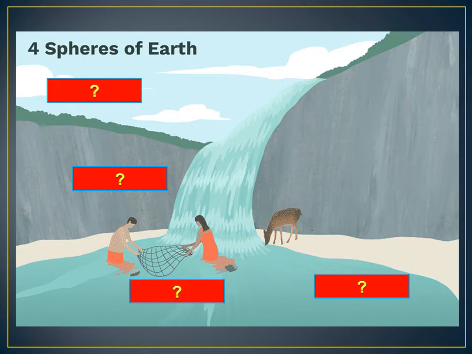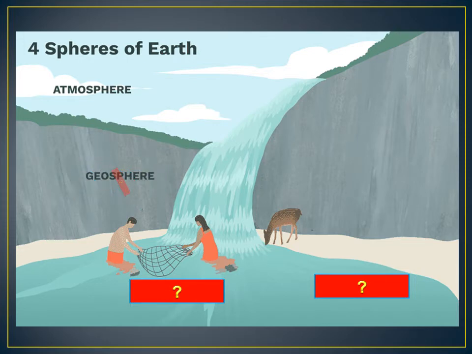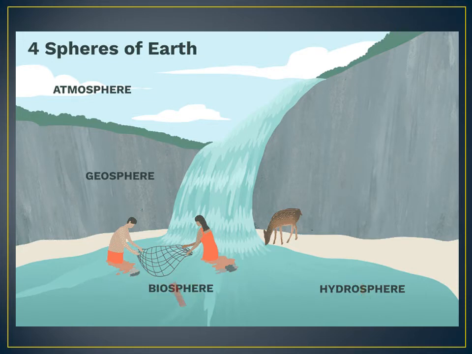So again, what are the 4 spheres of the Earth? Again, we've got the atmosphere, the air. We've got the geosphere, land. Hydrosphere, water. And biosphere, life.